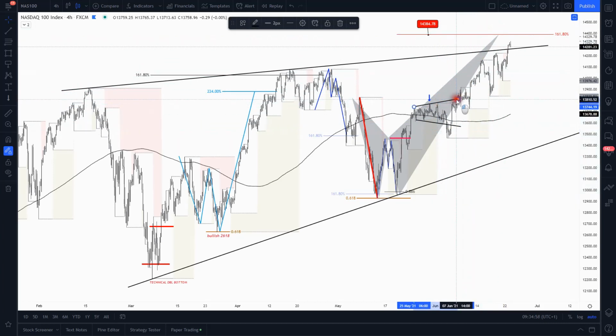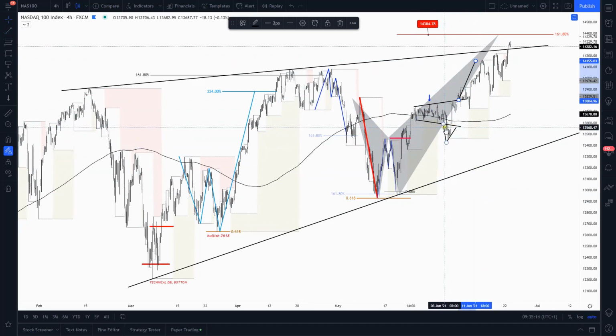What happens at that point is the market, instead of trading above the triangle, comes down and then finally breaks above. And I don't care what the market will print here.